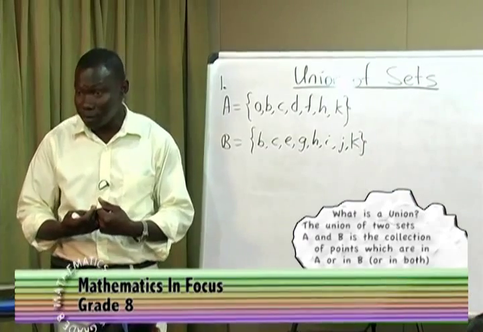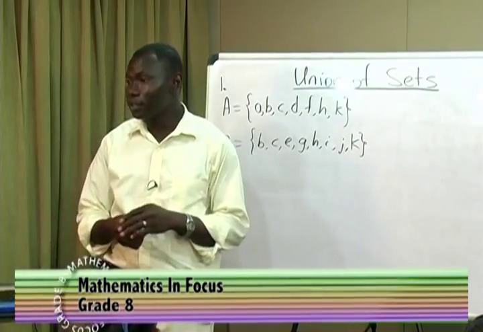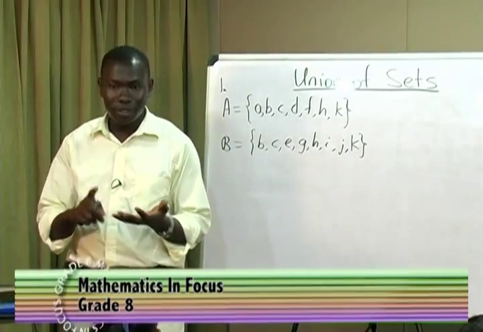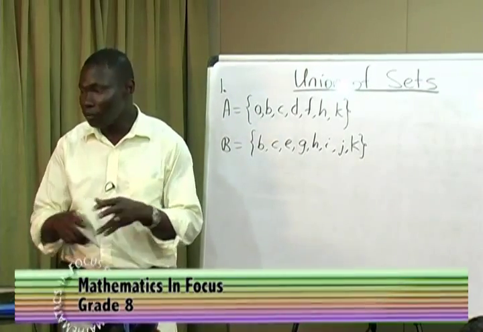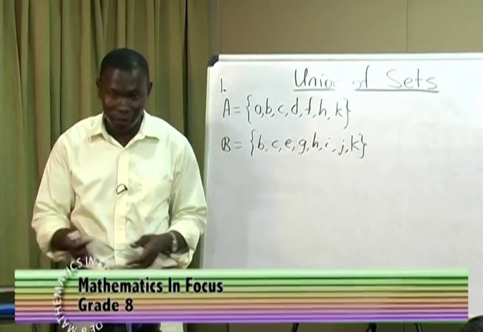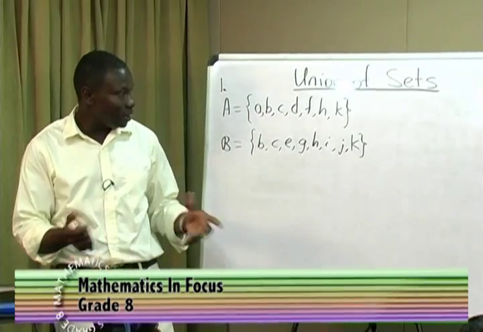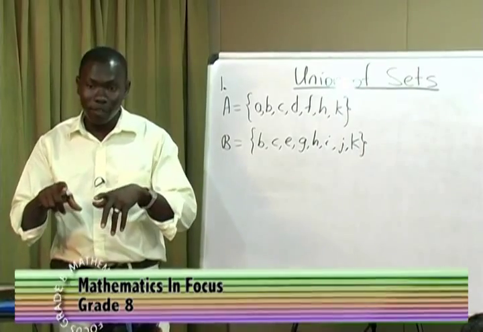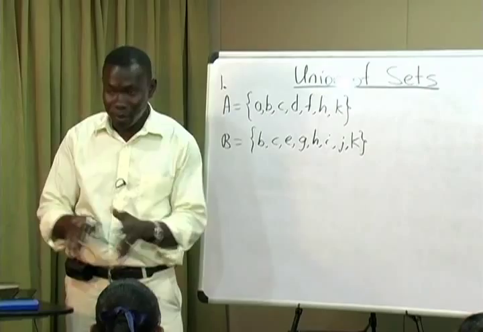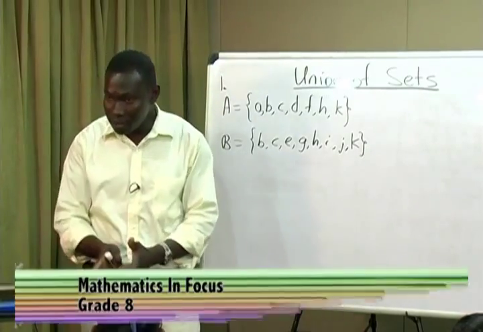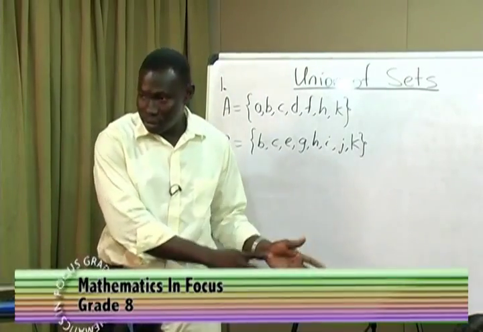So for example, in your school, you may have grade 7, 8. Within grade 8, what you will find is that you have, for example, A, B, C, and D. So A is one subset, B is another, C is a third, and D is the fourth.